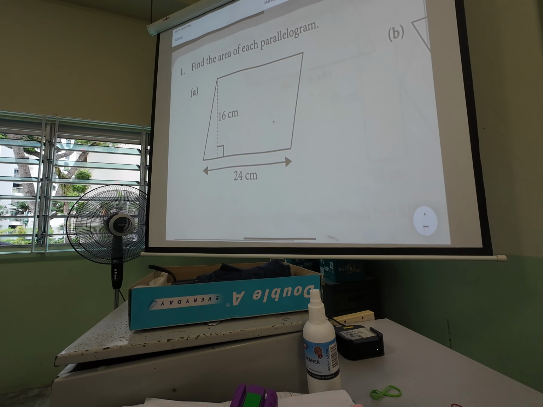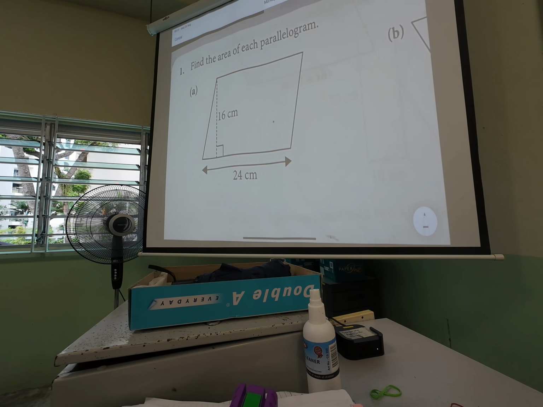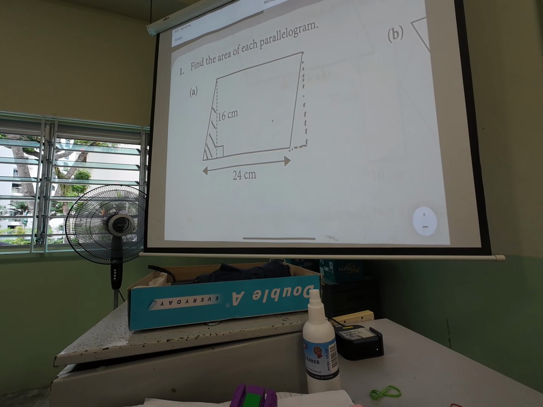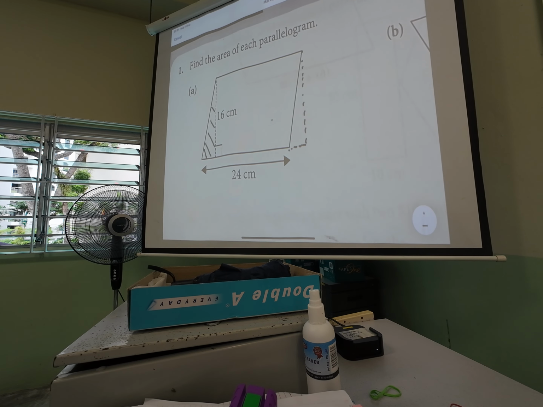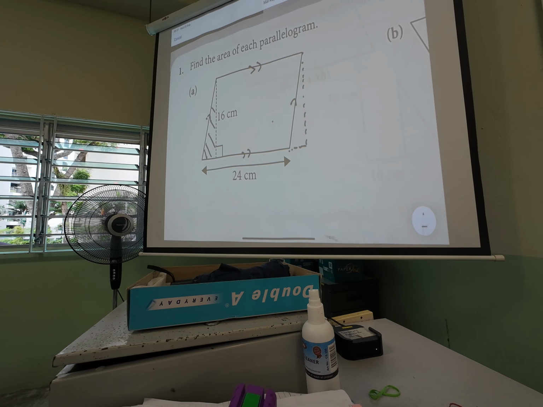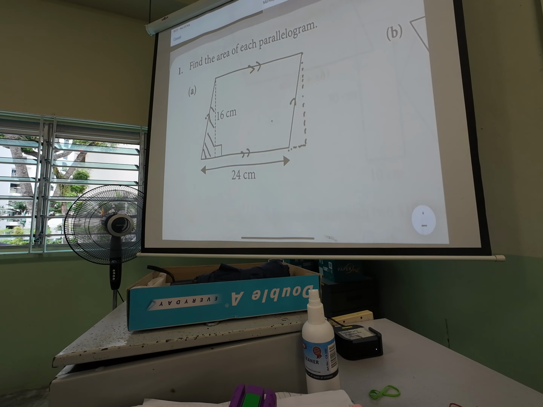Okay, if we look at 1A, I can cut out this shaded part. Then if I fix it here, it will be exactly a rectangle. Okay? Because they are parallel, because here is parallel. The direction is the same. The horizontalness is the same. So if I know this, then I will know that this side, or the same as this side, can actually be my base.